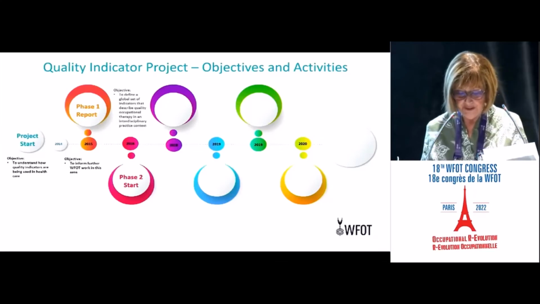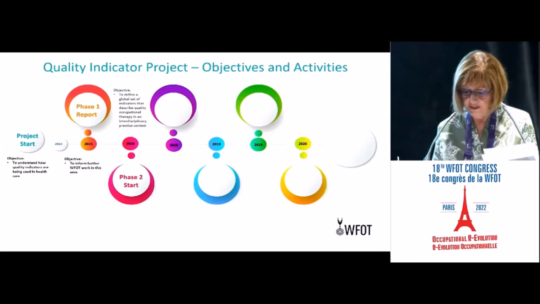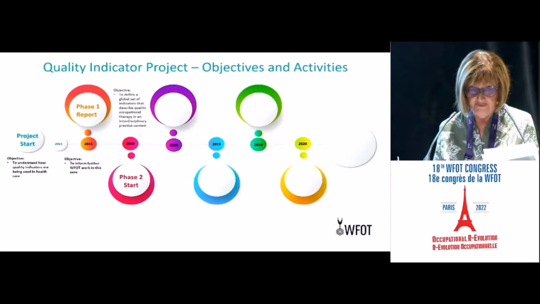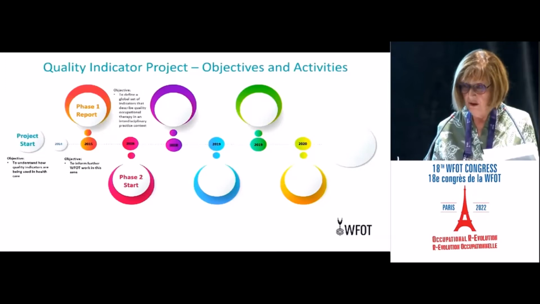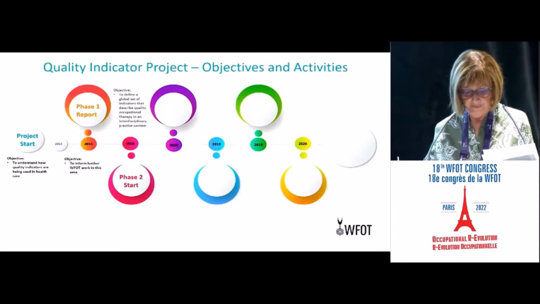The first draft report was developed by the Quality Indicators Working Group for this second phase in 2018 that outlined a conceptual model, core quality indicators, and an implementation process for the indicators.